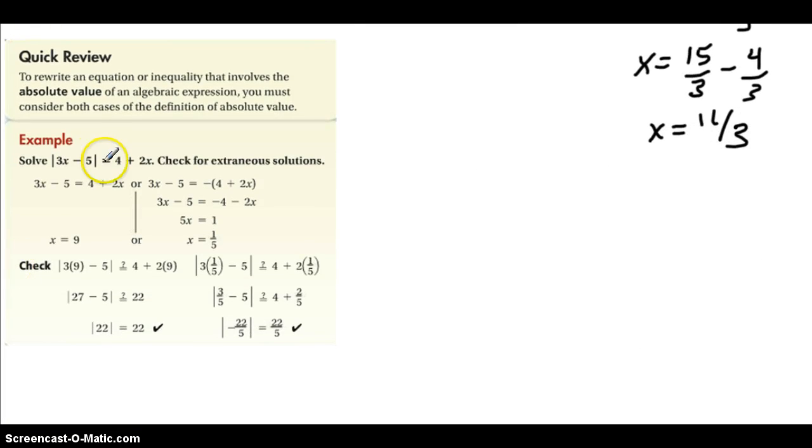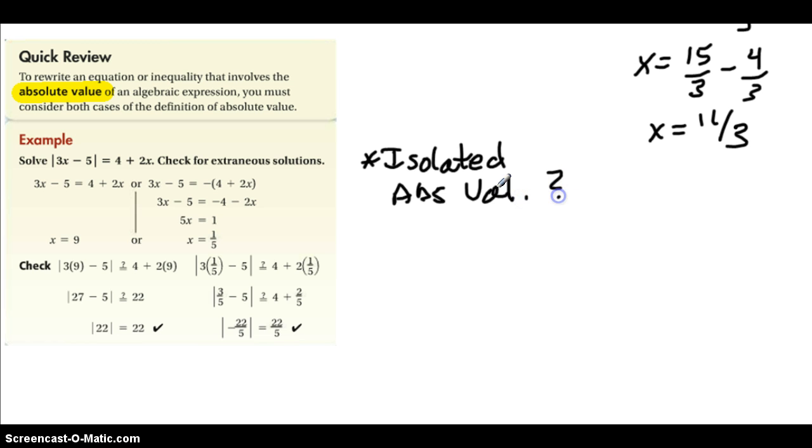The last section we had was looking at equations and inequalities involving absolute value. And we said absolute value is the distance a number is from 0. So let's take a look at this problem that they have here. First thing I always ask you is whether or not your absolute value is isolated. And this one is. There's nothing out front and there's nothing in the back here, so it is isolated.